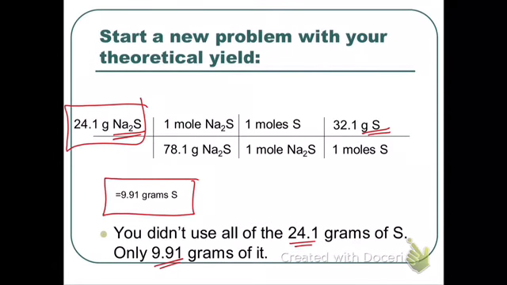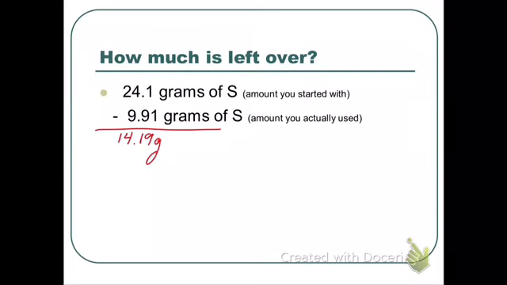So how can we figure out exactly how much unreacted sulfur is left over? If this is the amount that was available to you, but we only used 9.91 grams of it, all you have to do is subtract those two values. You would get 14.19 grams of sulfur, and that is the amount that is left over at the end of the reaction when it stops.